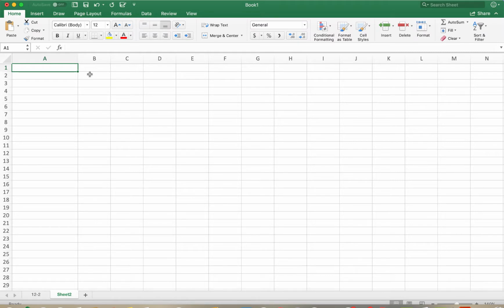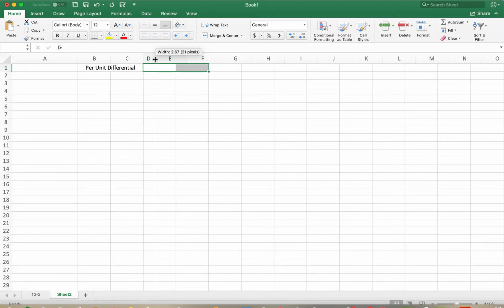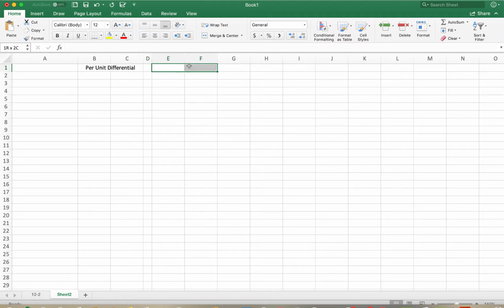So the first thing that we want to have is our per unit differential costs, and then we want to have, let's see here, just going to move this down a little bit, trying to make it look a little neater. Probably should have set this up before I did all this, but you guys can fast forward through it.